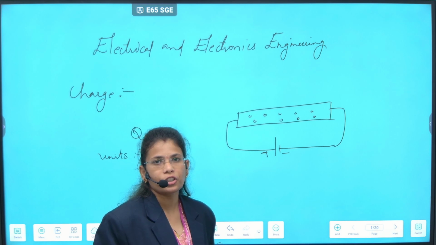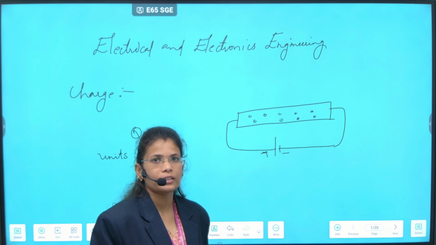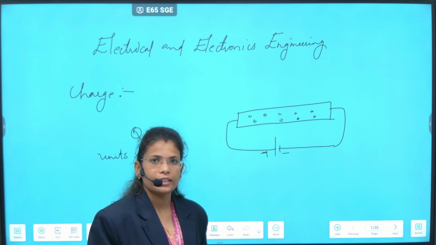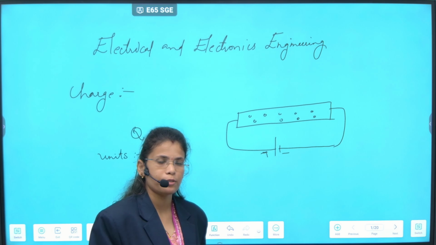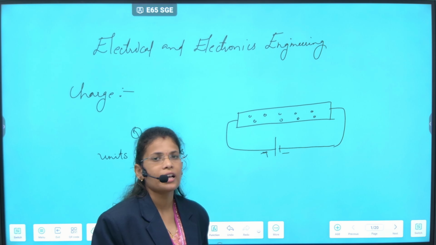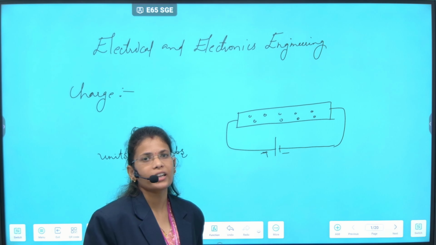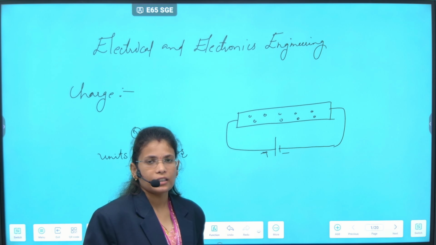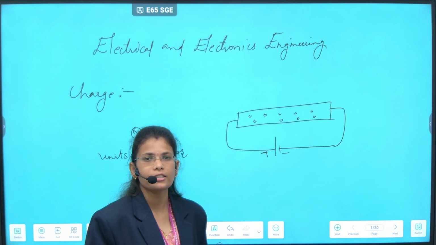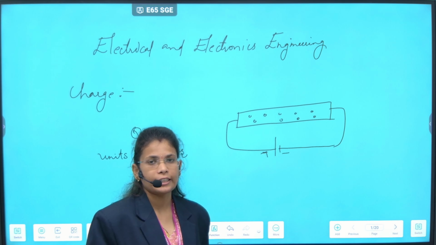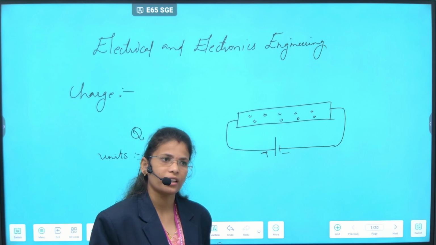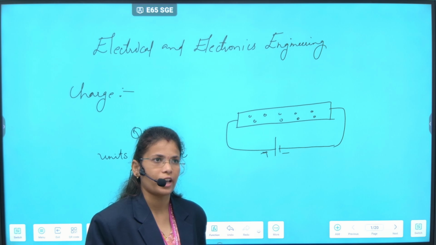We have seen the series and parallel connections for resistance, inductor, and capacitor, and what their equivalent resistance, inductance, and capacitance will be. Current and voltage equations for resistor, inductor, and capacitor we have seen today.